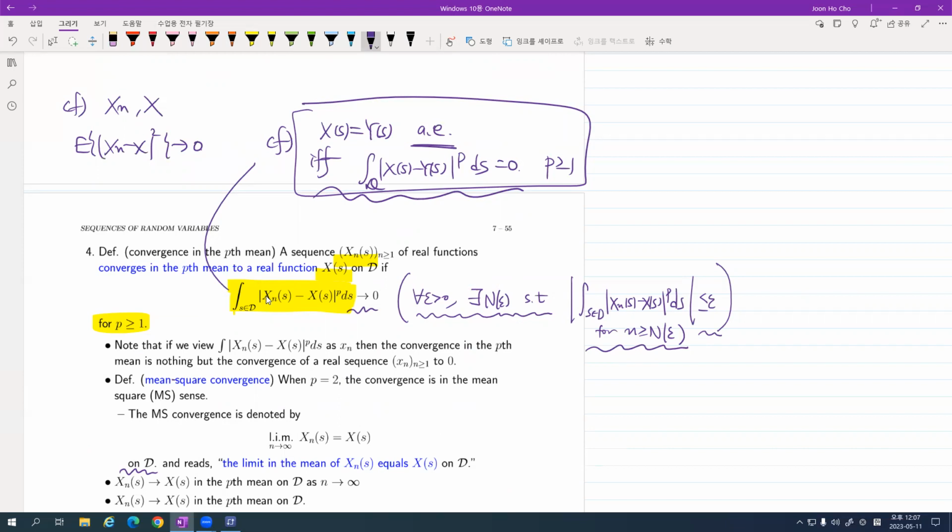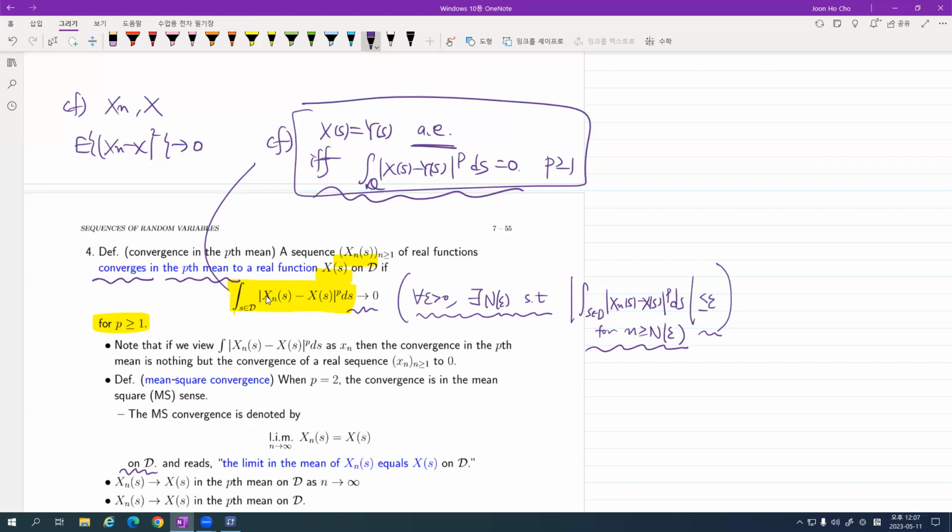What's the difference between these two? They are mathematically the same. The difference is that now this 2 is replaced by a more general real number p greater than or equal to 1. So this is called convergence in the pth mean. If p equals 2, it's mean square convergence of a sequence of real functions to a real function.